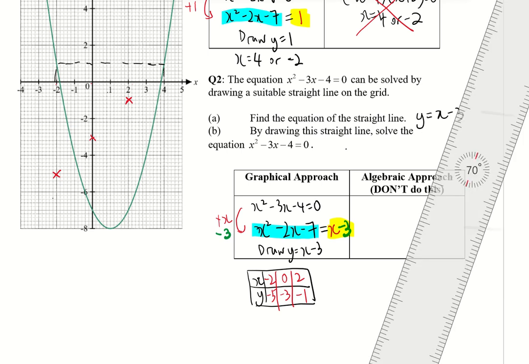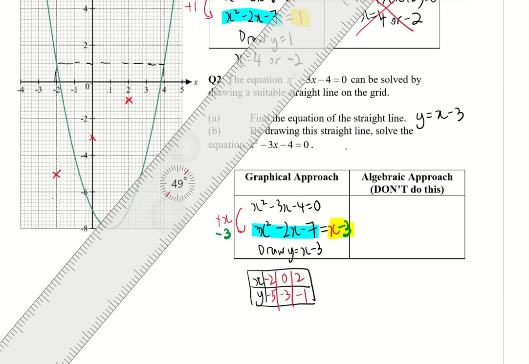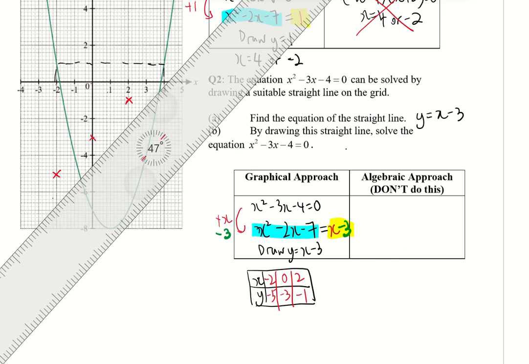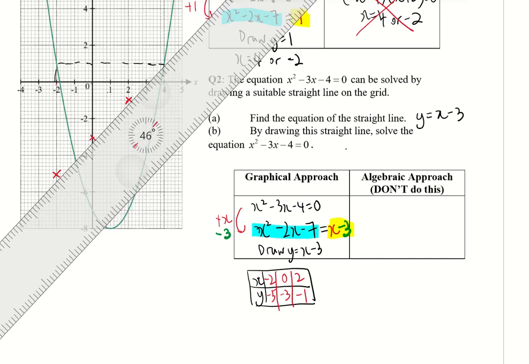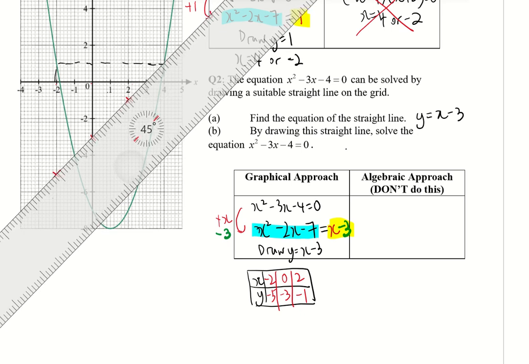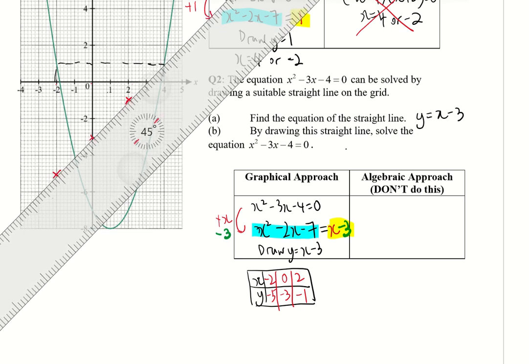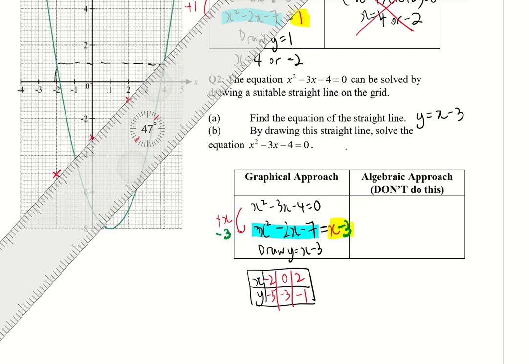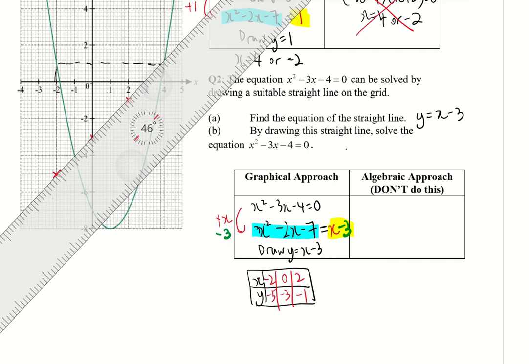Then I take the ruler and draw the straight line.